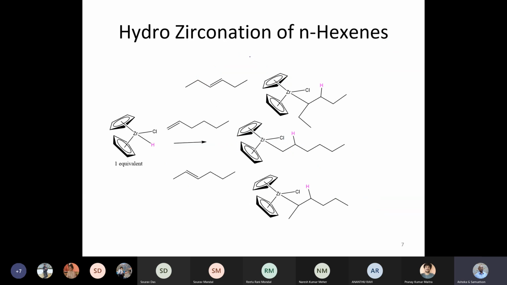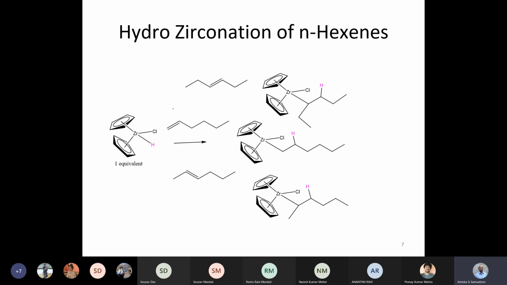So before we proceed to other reactions, I want to tell you that hydrozirconation can lead to some complications, especially when you have alkenes. Now, in this slide, I have 3 alkenes which are pictured here.